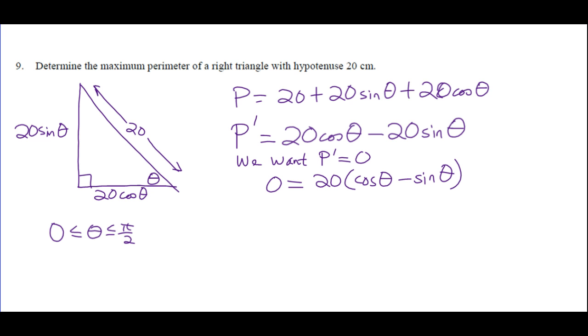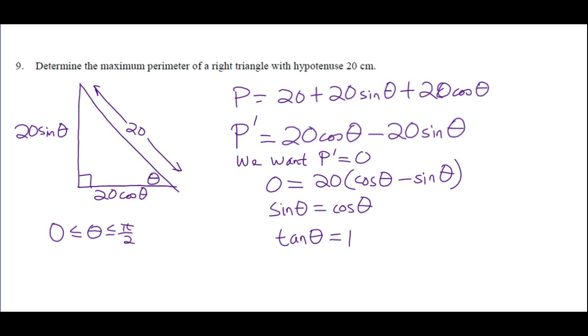We'll factor out 20 and divide both sides by 20, and we end up with sine theta equals cos theta. Then divide both sides by cos theta, and get tan theta equals 1.